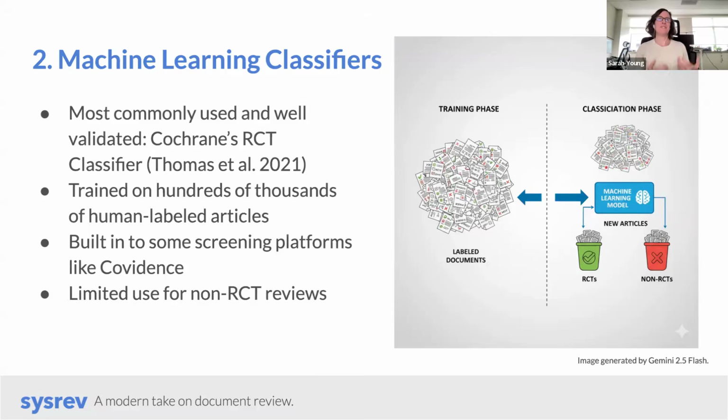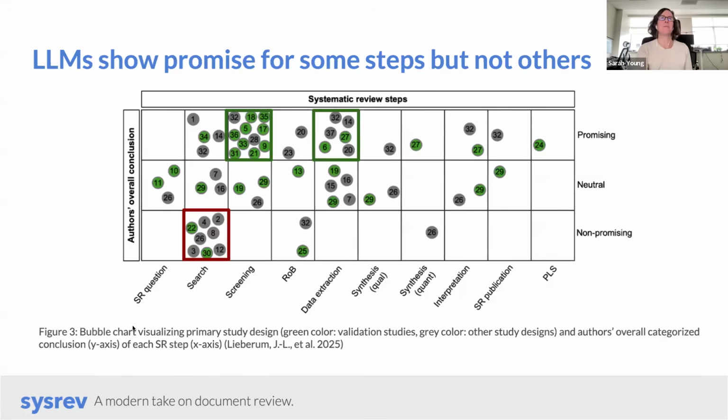Very useful, however, limited use when you're talking about reviews that aren't on randomized control trials, which in my case is probably most of the reviews I work on. But I do want to point out that this is another really interesting and useful way that machine learning can help with efficiency of reviews.